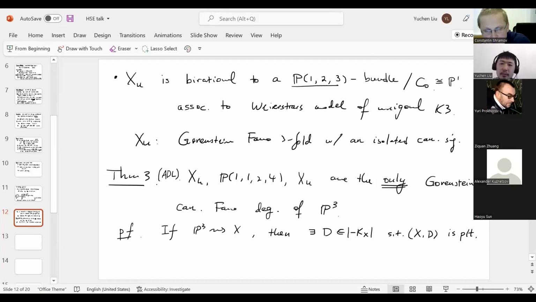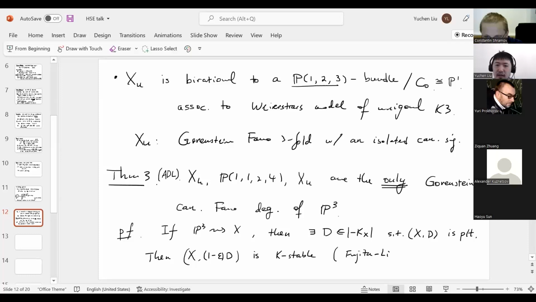And then using K-stability, you can show that (X, (1 minus epsilon)D) is so-called K-stable. So here you use the Fujita-Li criterion, together with some other characterization using LC places, plus my work with Blum and Xu, whatever.